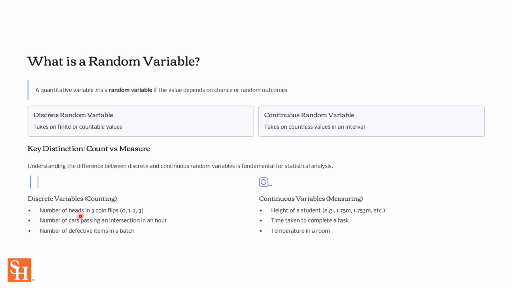For example, the number of heads if you flip a coin 3 times, or the number of defective items in a bus, or the number of cars passing an intersection in an hour. So here all the numbers are discrete, right? I think now it is clear to all of you what a random variable is and what the difference is between a discrete random variable and a continuous random variable.